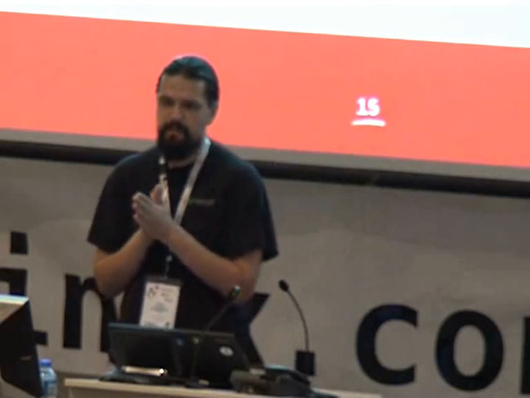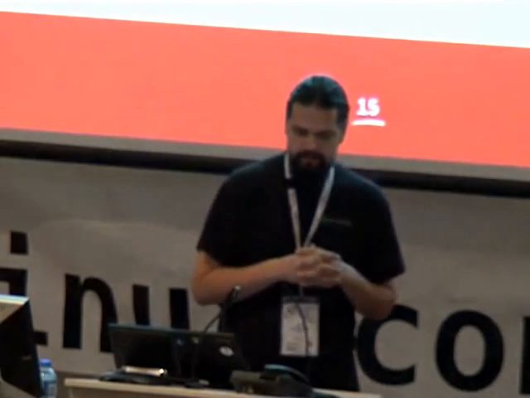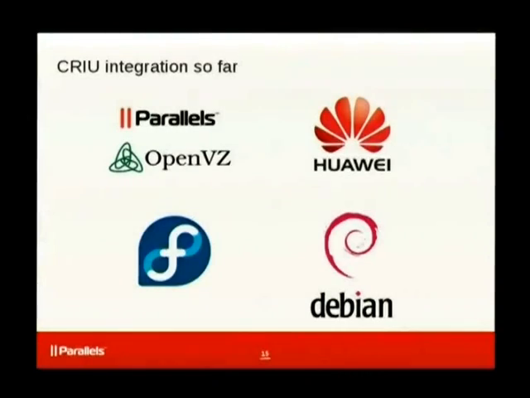People from Huawei came to us some time ago saying they want to use the project but it lacks support for file logs, so here are the patches, so we had a contributor. The user space tool now sits in the request queue to be included in Fedora 19, and it sits in the Debian Unstable repository to be included in the distribution sometime soon.